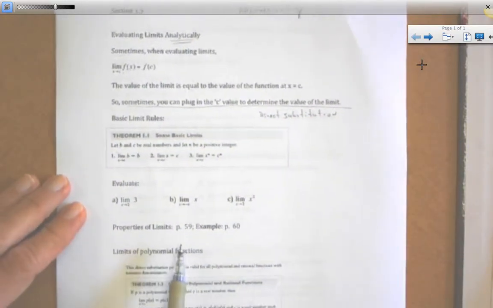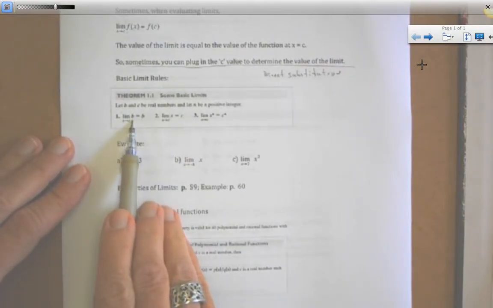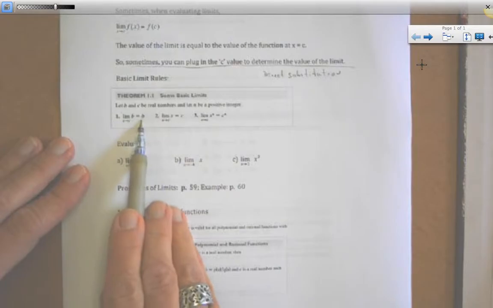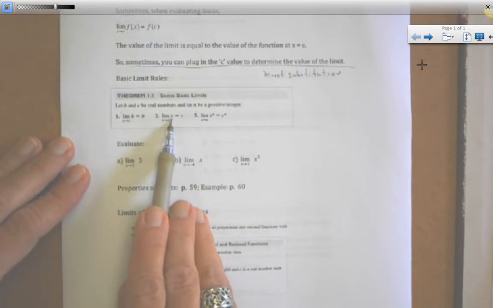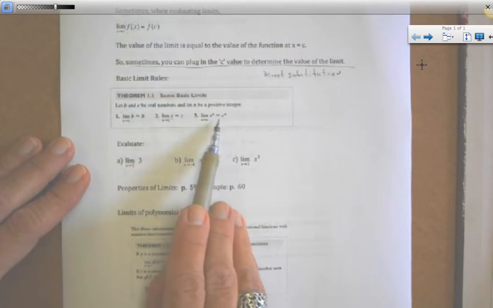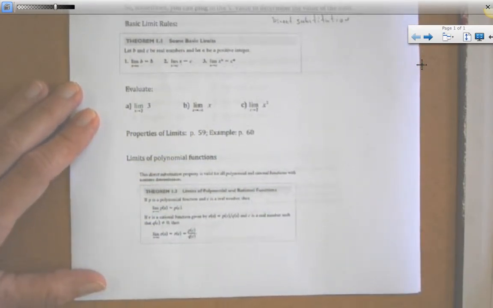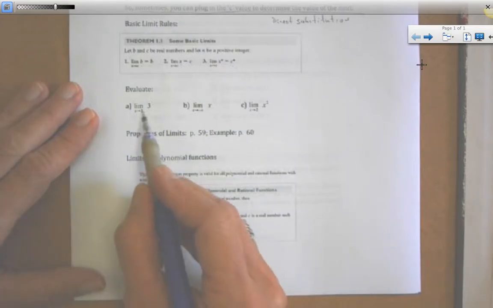So here are your basic rules when you use direct substitution. If it's a constant function, then as x approaches c, the value of the limit is just going to be b. And if it's defined at that location, then plug c into x and the value of the limit is c. Same here. All right, so look at these three quick examples. This is a constant function.